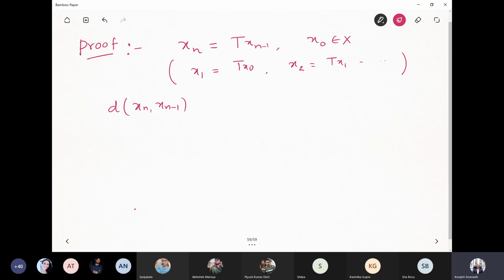This is how we show a Cauchy sequence. In the case of real numbers also, we first estimate the difference between two consecutive numbers, and then we take any two numbers and use the consecutive ones. It's the same thing here.